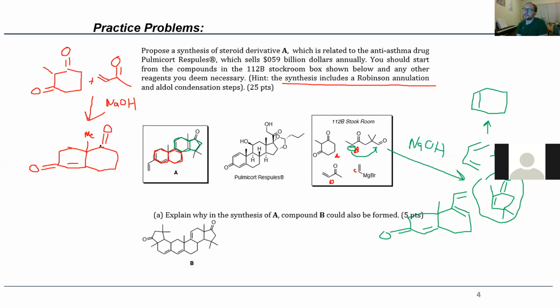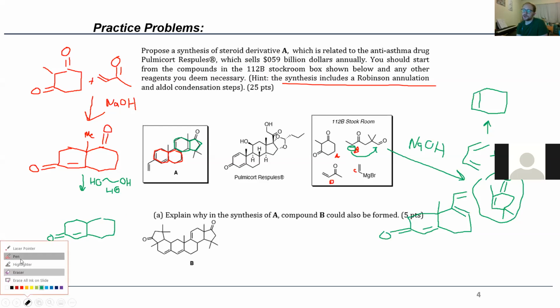And so ketones are more electrophilic than alpha beta unsaturated ketones. So when we react this, we can protect this as an acetal. It'll selectively protect the ketone.